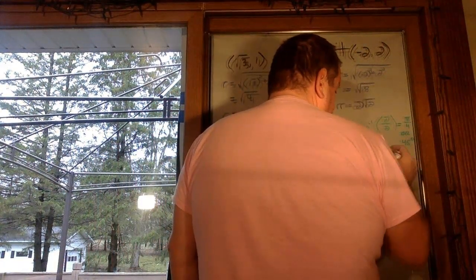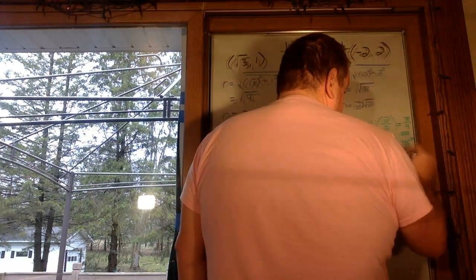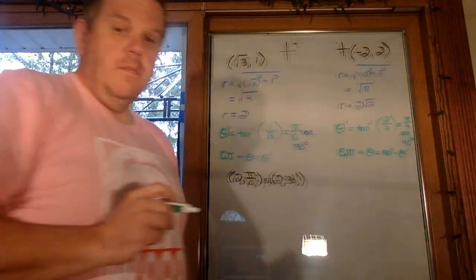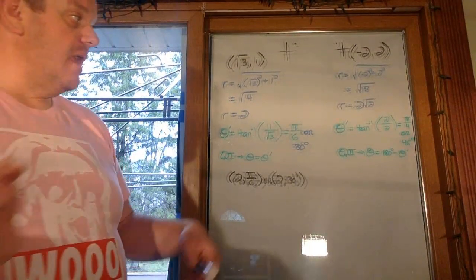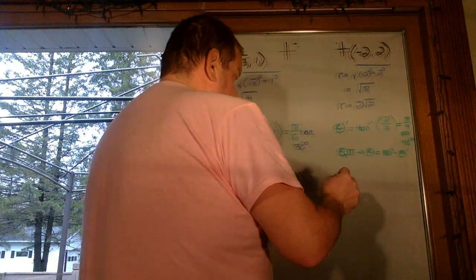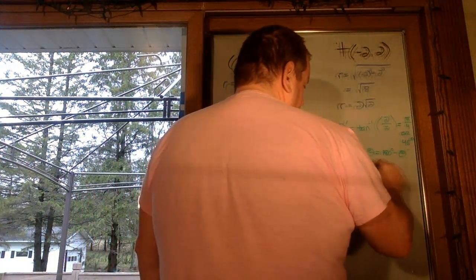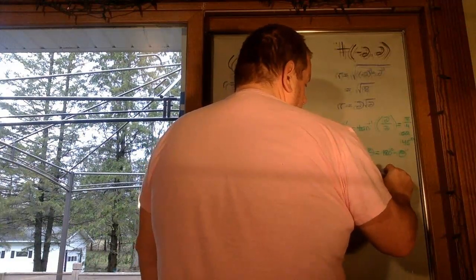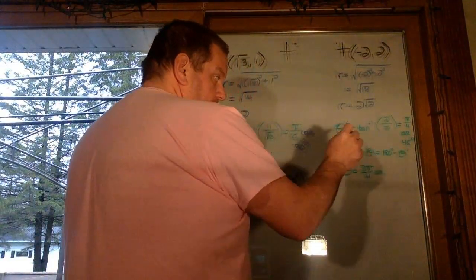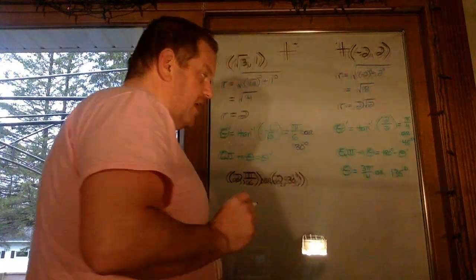So my actual angle is going to be 180 degrees minus my reference angle. So pi minus pi over 4 is going to be 3 pi over 4, or 180 degrees minus 45 degrees is 135 degrees.